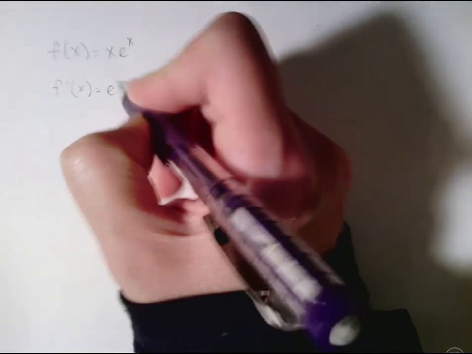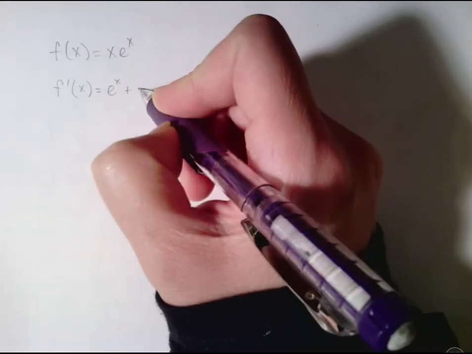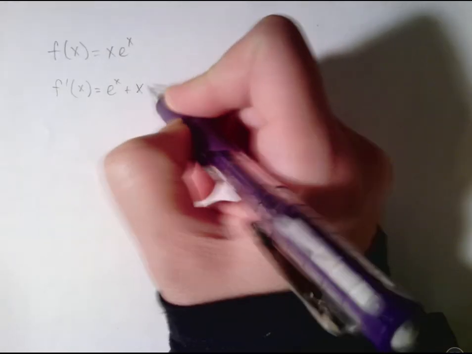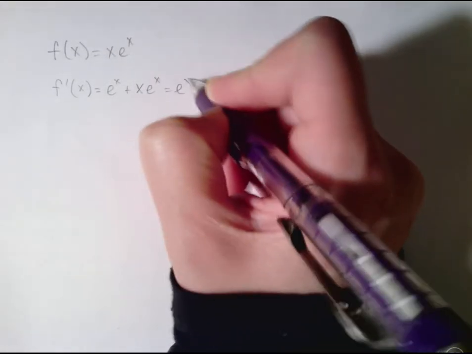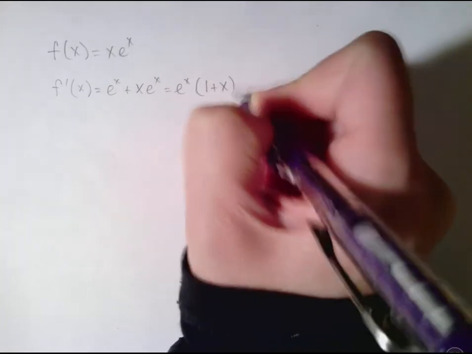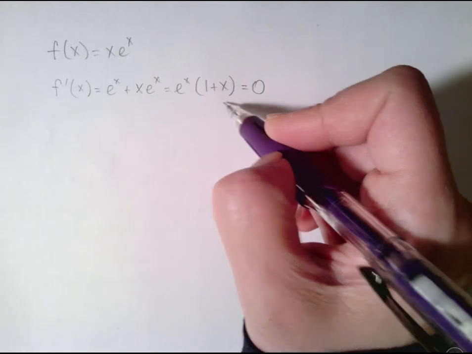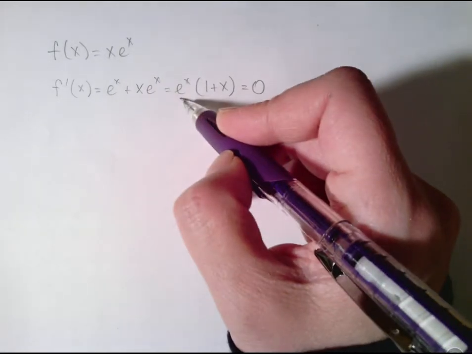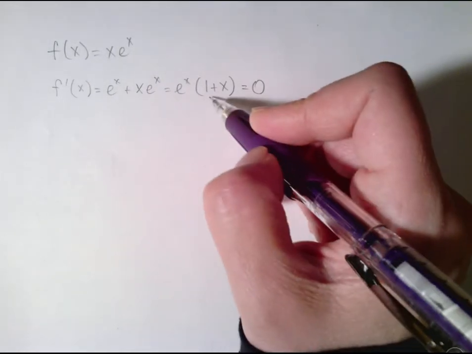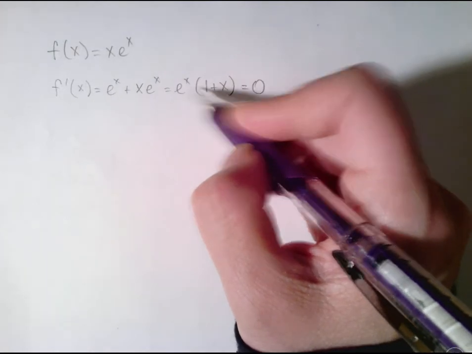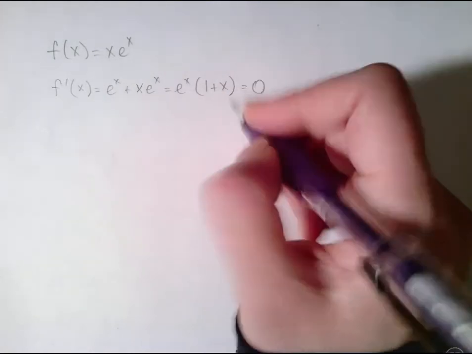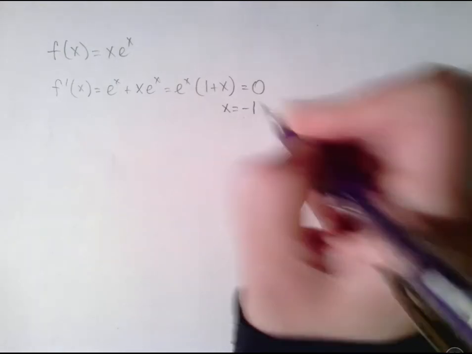First derivative is e to the x plus x e to the x, which is e to the x, 1 plus x. We're going to set that equal to 0. E to the x is never 0, so this derivative is only 0 when x equals negative 1.